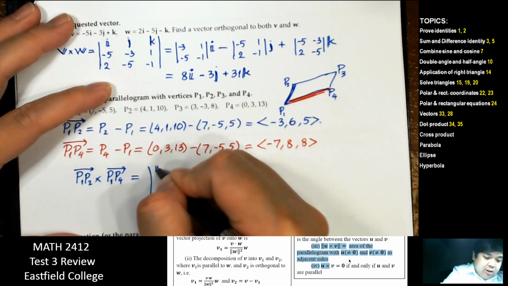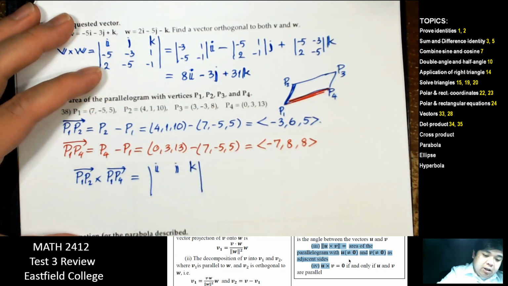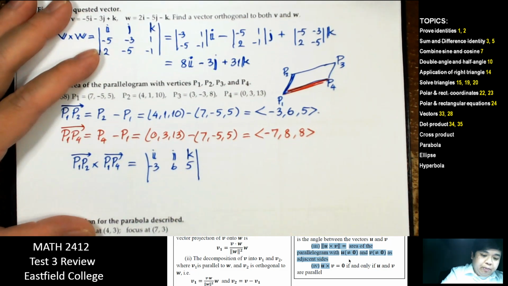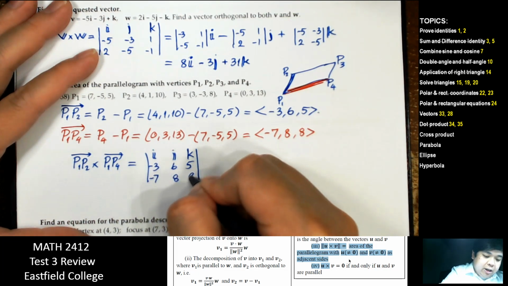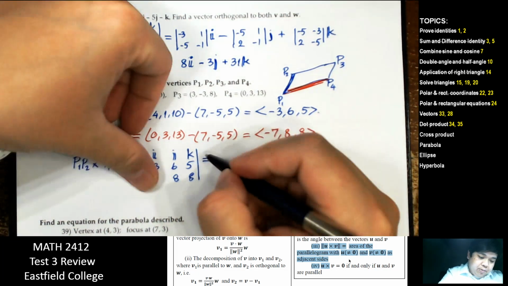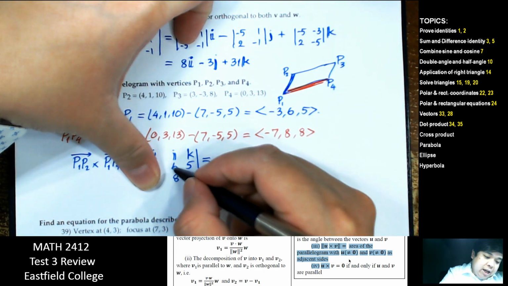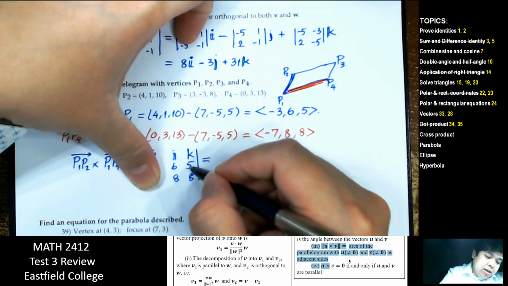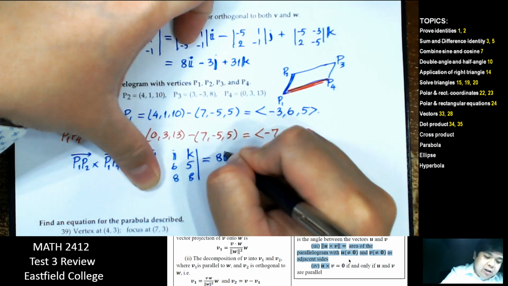So i, j, k, -3, 6, 5, -7, 8, 8. I'll skip a few steps here. So 48 minus 40, so that is 8i.